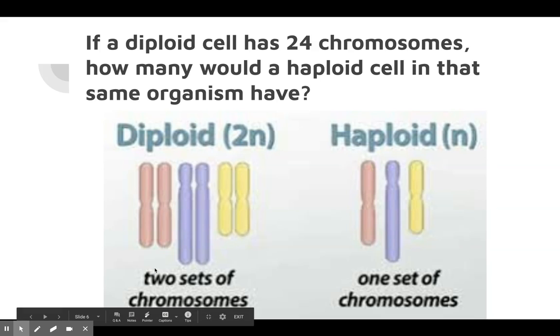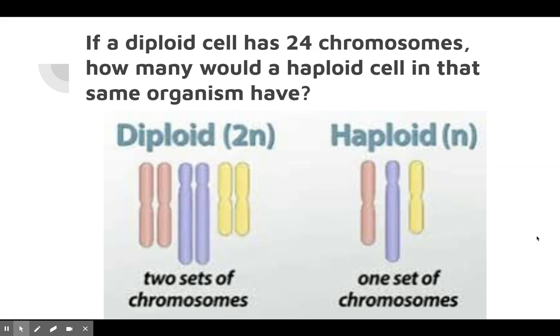So I have 2 sets of chromosomes here and just one set here. Remember, N represents haploid and 2N represents diploid. You know that you have 24 chromosomes for a diploid cell, but you want to figure out how many a haploid has. So you would just divide this by 2, so N would equal 12.